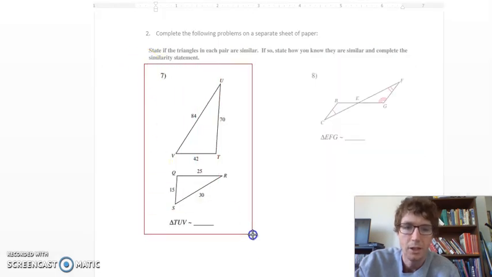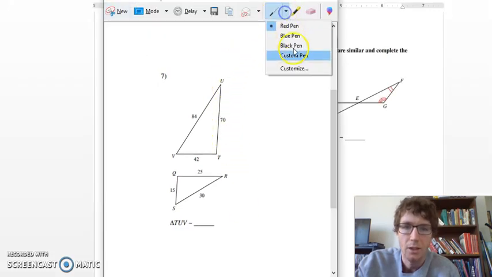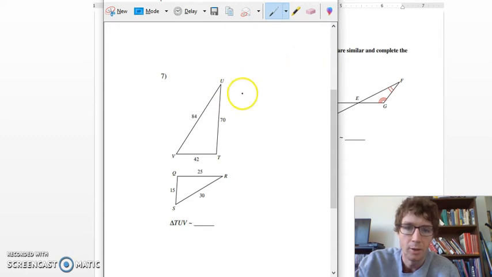So for number 7, first thing, let's label our corresponding sides. The longest side here is the 84. That's this one right here. So this side matches this side.